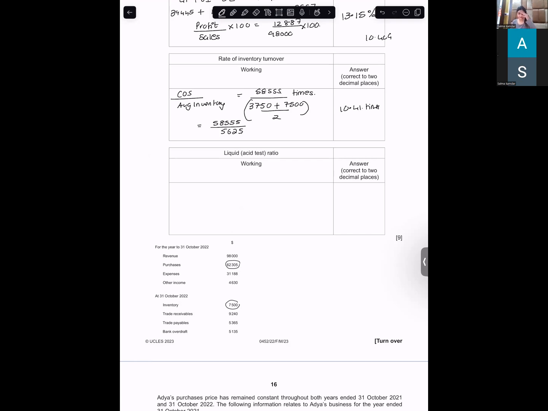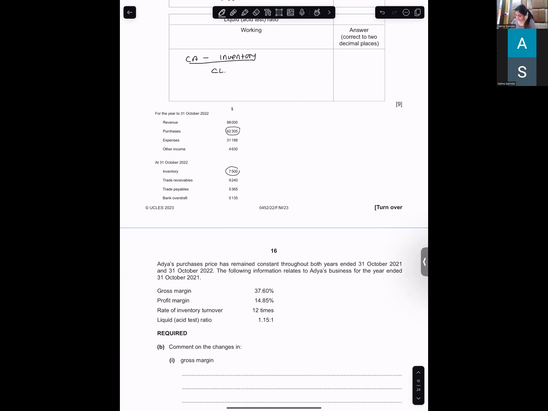Liquid asset test ratio: current assets minus inventory divided by current liabilities. What are your current assets? You have two current assets, trade receivables and inventory.